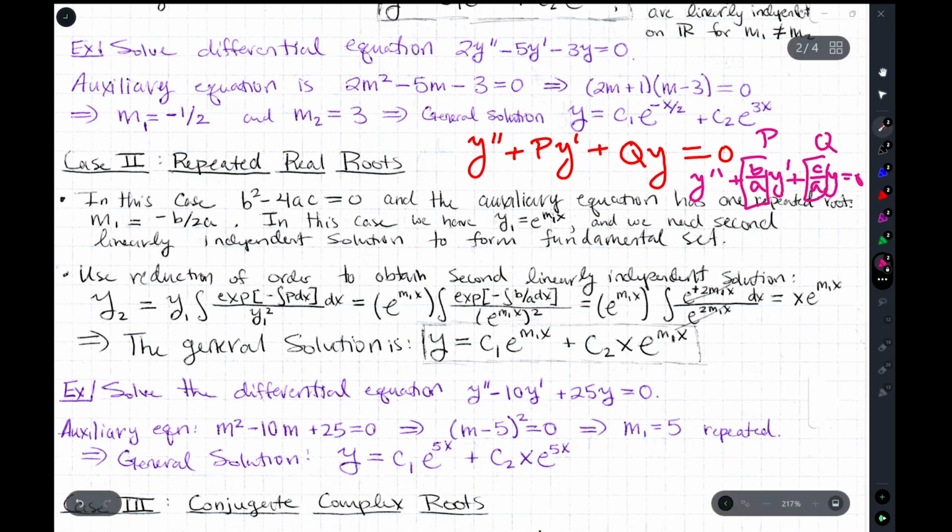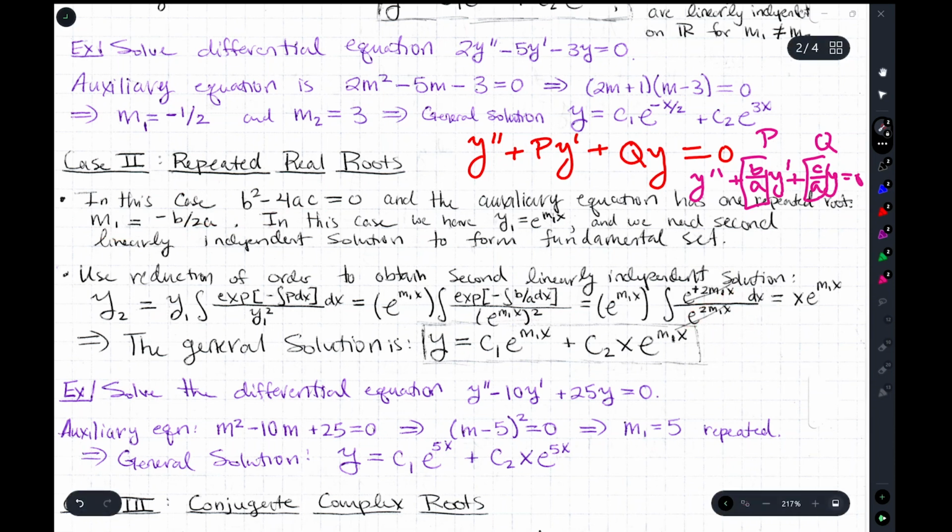And so we plug that into the formula. We have p is b over a, and we integrate, and notice that for y1 we have the first solution e to the m1 x. Well, what is m1? We see that m1 is negative b over 2a, just from the quadratic equation.